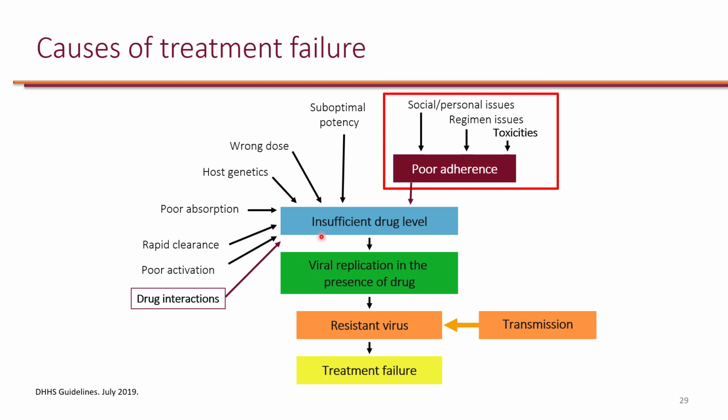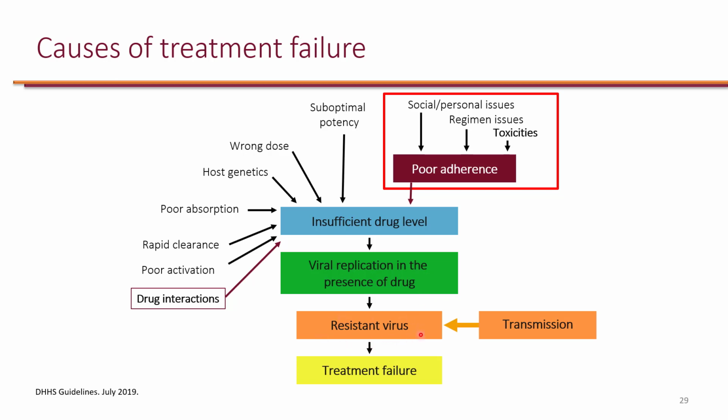It all starts with insufficient drug level. When there is insufficient drug level, HIV starts to replicate in the presence of drug, and that can lead to selective pressure. And selective pressure will basically select for strains of HIV that are resistant to the antiretroviral drugs.